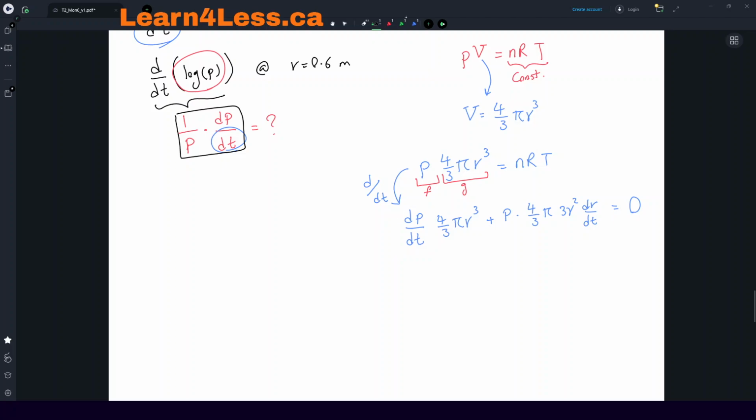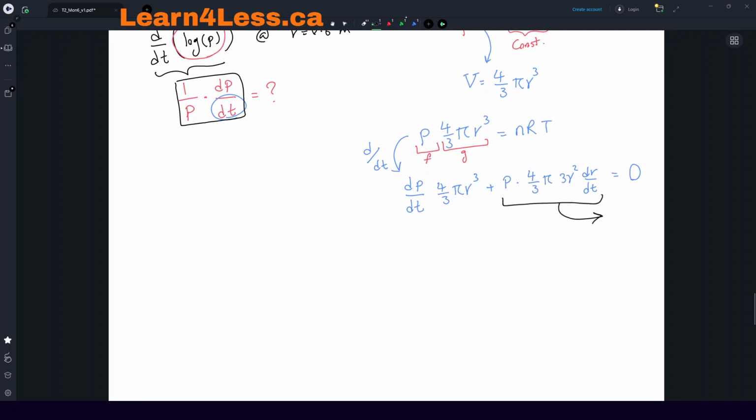I just move these to the other side before plugging any value in. So what I get is dp over dt times 4 over 3 pi r cubed is equal to negative p times 4 over 3 pi 3r squared dr over dt.